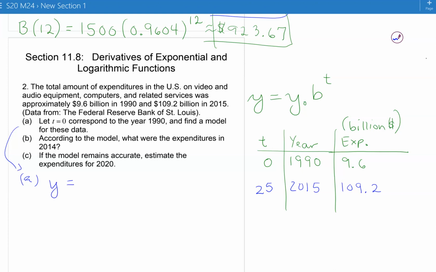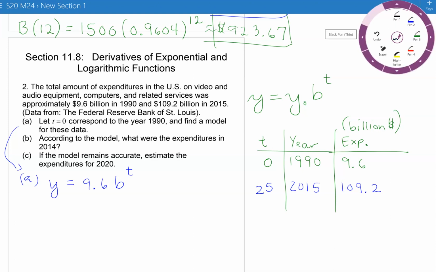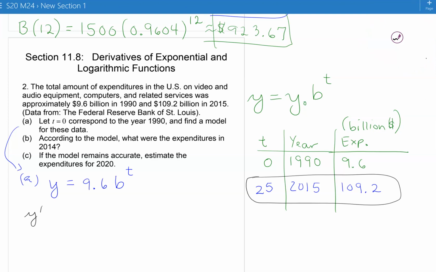Y equals, y0 is the beginning amount, 9.6. And then we're going to make a b to the power of t, and we need to figure out what the b is. So that's what we're going to use this other data point for. We're going to say y of 25 equals 9.6 b to the power of 25, and that has to equal 109.2.